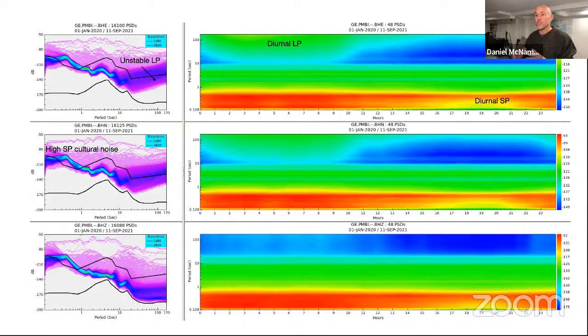You actually have to locate away from a road or away from machinery. Sometimes you just cannot improve the cultural noise with a better vault. You just have to pick a new location if you really want to improve it. And you often don't get that opportunity. You have to put a station where you have the available land or location. So in this case, you might not be able to improve the cultural noise.